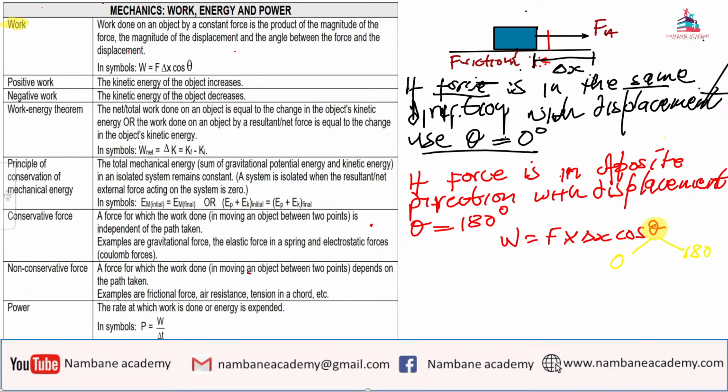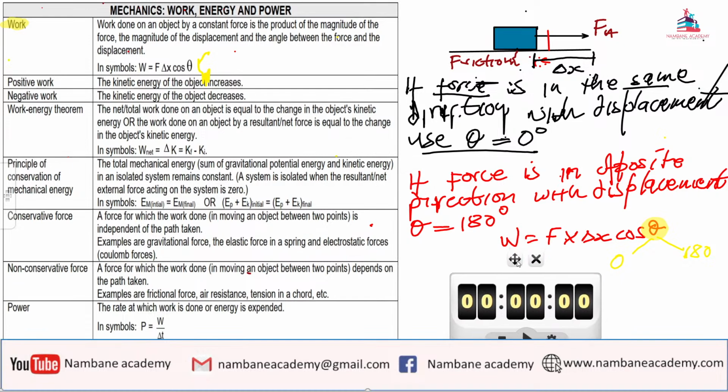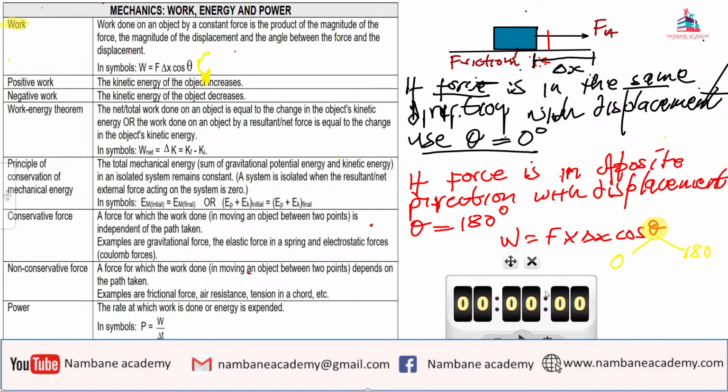So this is one important concept that one must start to understand, that when we work with the work equation, it is basically representing each and every individual force that we have from our correct free body diagram. So I am going to pause and give you your 30 seconds so that you can digest this issue of 180 and 0.